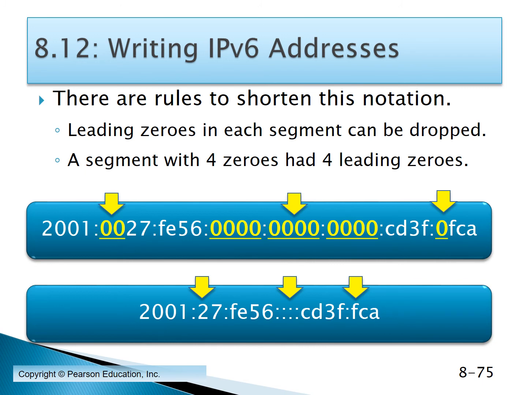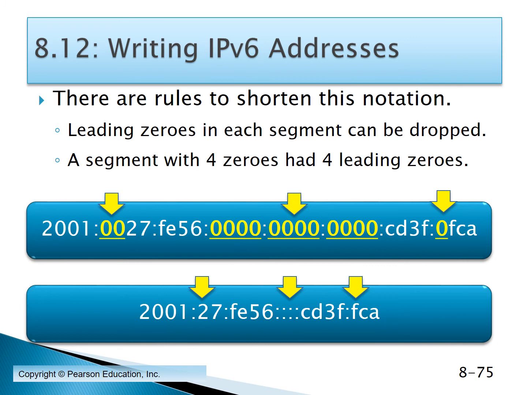A segment with 4 zeros can also be dropped to a single 0. So if you drop all the leading zeros, then your IP address will become this. But of course, for 2001, these zeros are not leading, so you cannot drop them, because that will be very confusing. But for this one, you know that 27 can become 0027, so you just fill in the zeros.